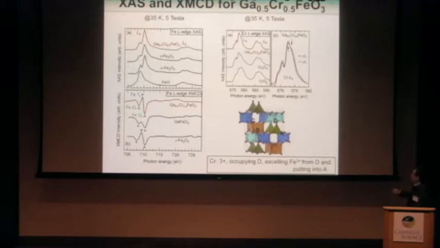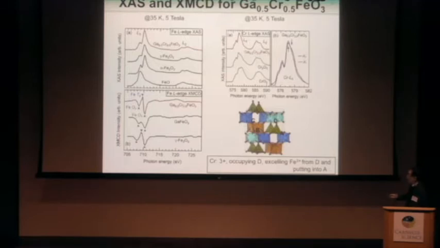And the valency and coordination were checked by the XAS and the XMCD spectra. This is the XAS spectra for this material, and it shows that the valency of the ion is 3. The XMCD spectra for gallium ferrite shows that when chromium is substituted for gallium, the peak for the tetrahedral site increases.